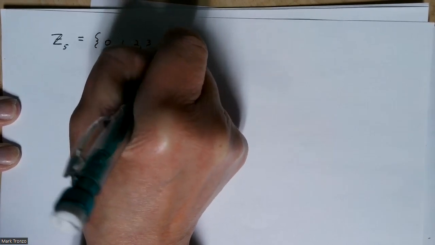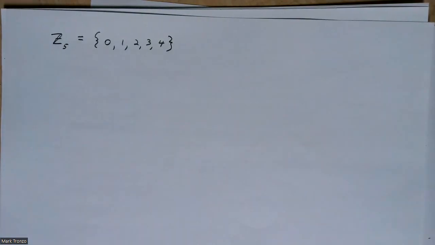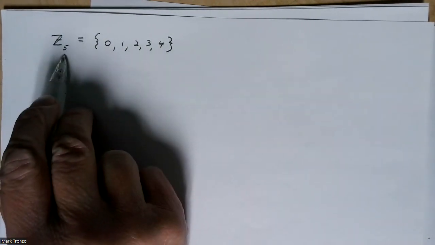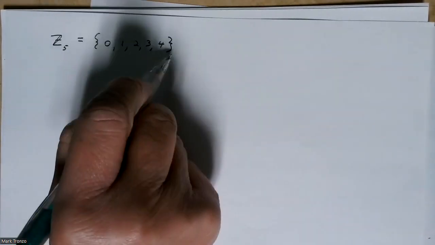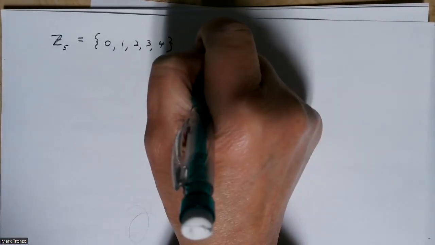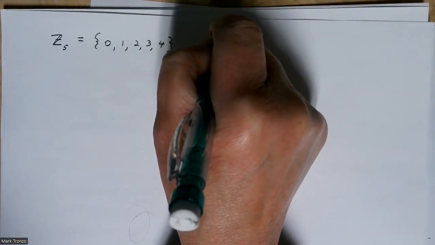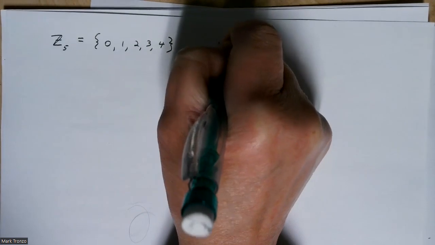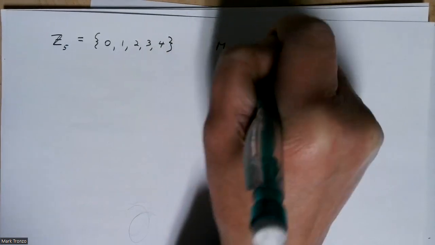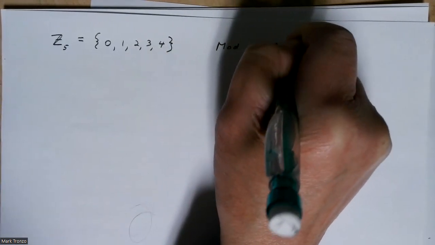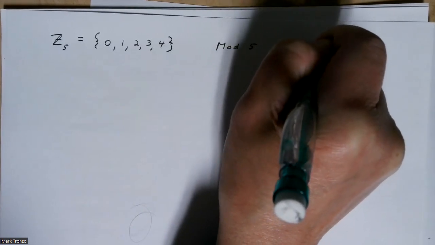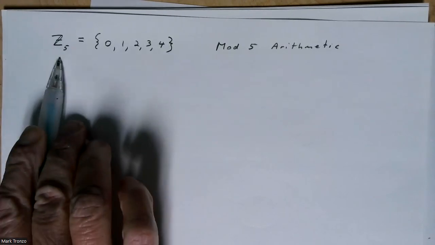Once again, you stop short of whatever you have here. So when you have something like this, you end up using mod 5 arithmetic. That sort of comes with the territory when you have something like this.